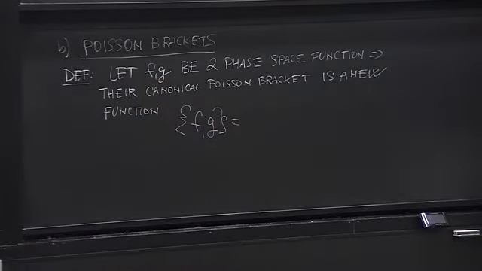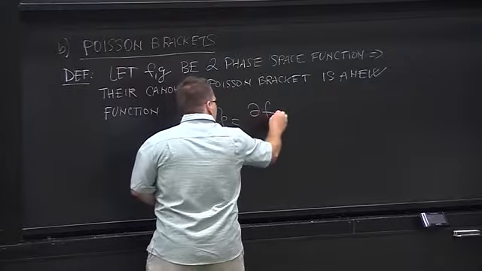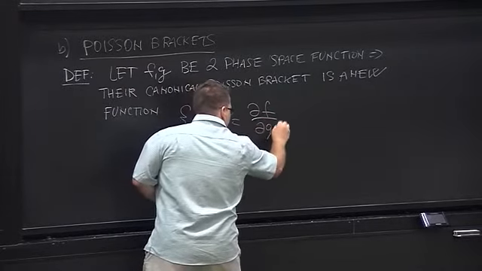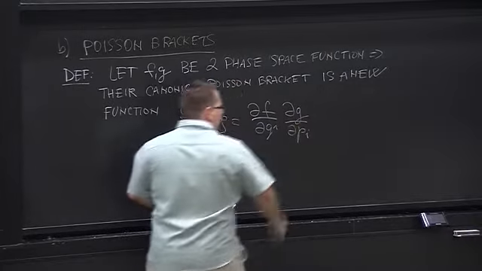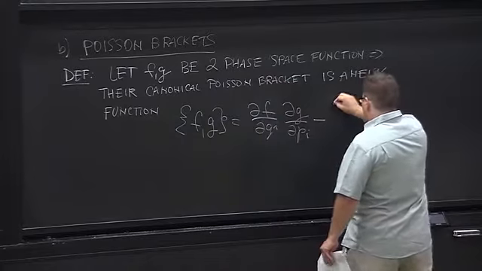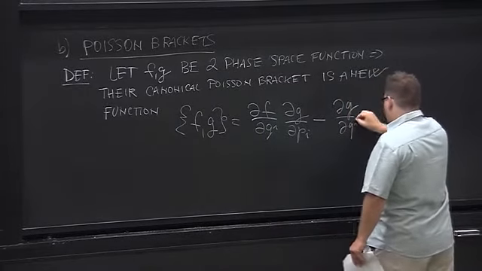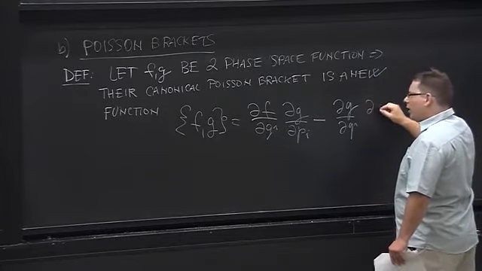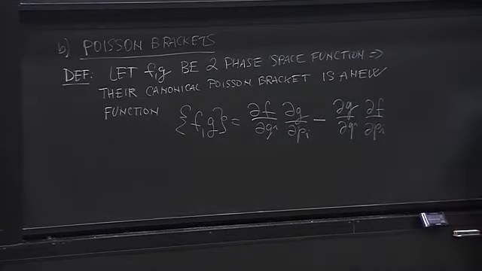So it's a binary operation: I take two functions and produce a new one. It's given by df over dq_i, dg over dp_i. So you are summing over i. Sorry, I should have said that a long time ago. Minus dg over dq_i, df over dp_i. So here, everywhere, a long time ago, I'm using the Einstein summation convention.